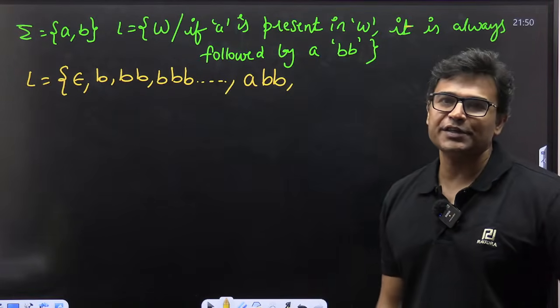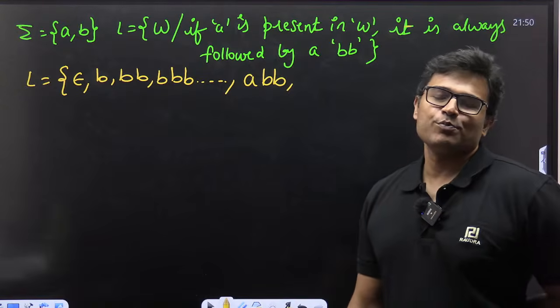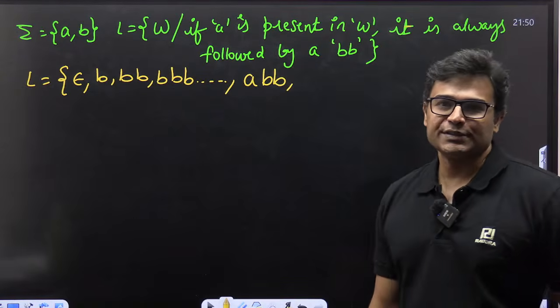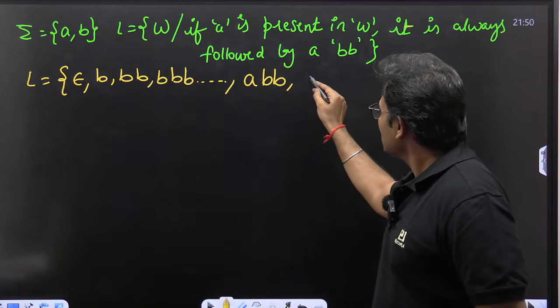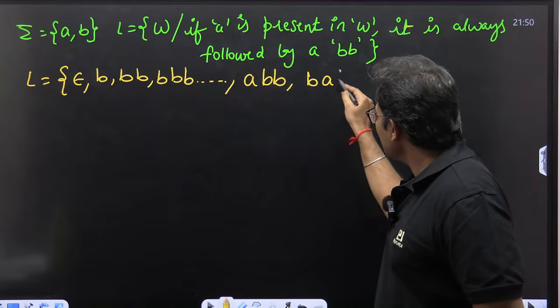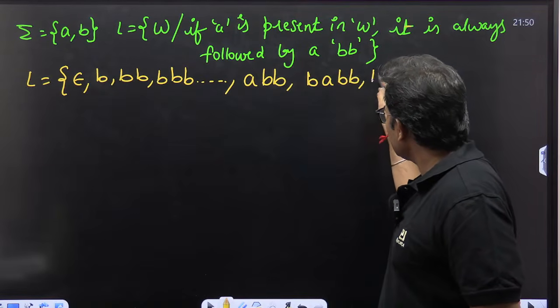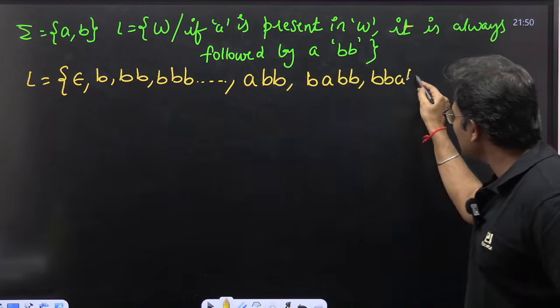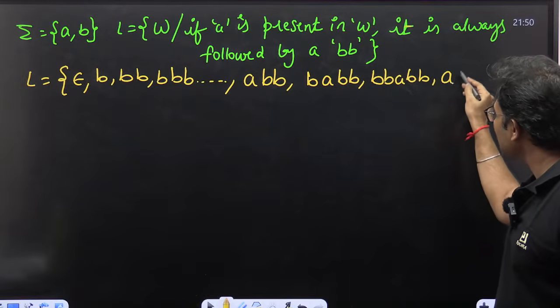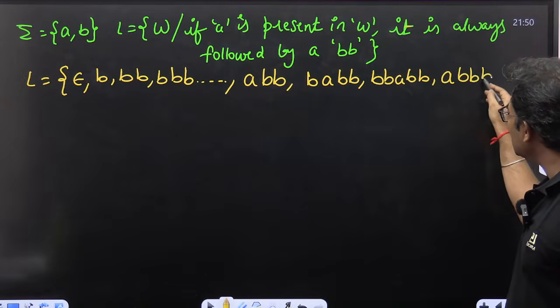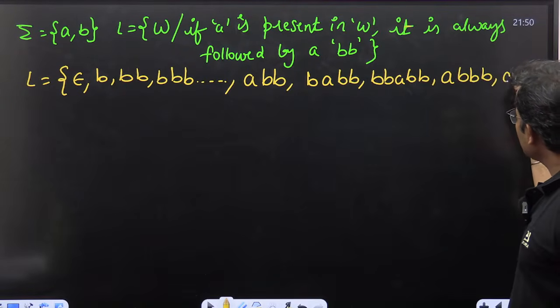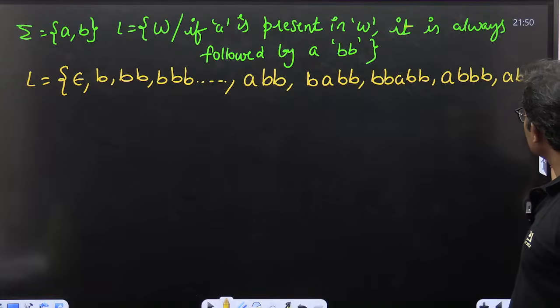So it can be abb, or b and then abb, or bb and then abb, or abbb, and so on. It is an infinite language.